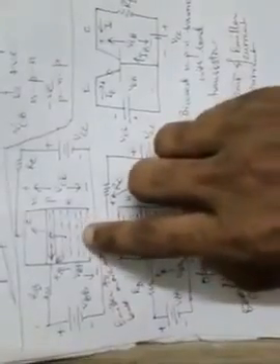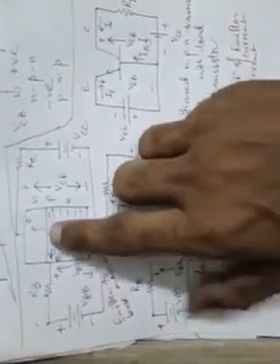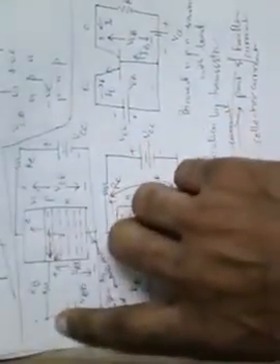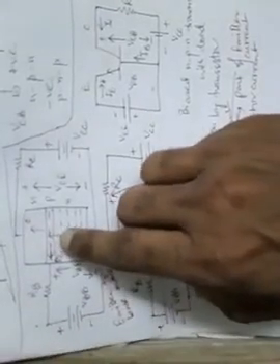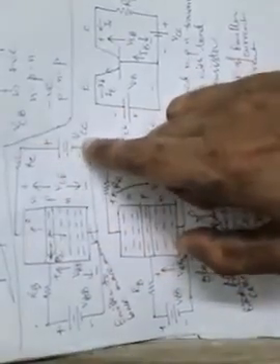Whatever emitter injected electrons result in the emitter current will be forced into the base area, and a very small portion of it will be recombined with the holes in the base area, and they will move out through RB to go into the VBB, but the major number of free electrons will escape recombination to go from the base area into the collector region, and they will be naturally attracted to the positive electrode of the source VCC, and they will constitute the collector current.